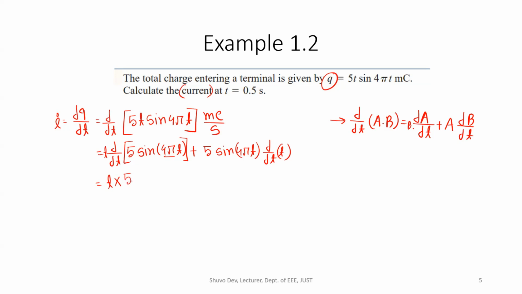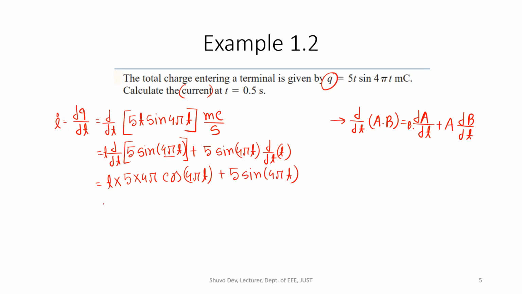It's a very simple topic for differentiation. So you can see 5 into 4 pi cos 4 pi t, and here will be 5 sine 4 pi t. Here dt by dt will be cancelled, 5 sine 4 pi t.